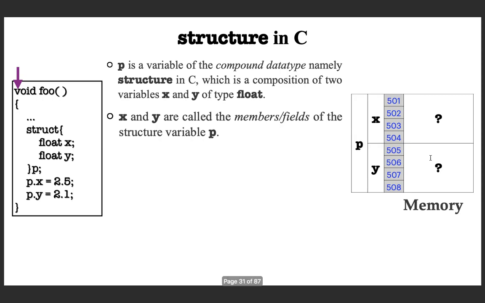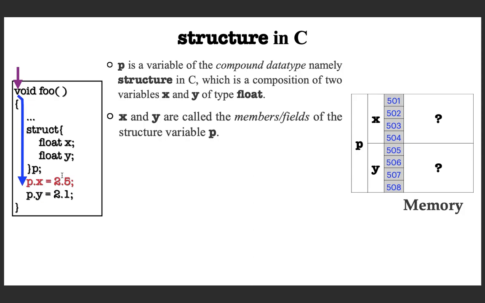If you look at this data structure carefully, p is the variable for the whole data structure or data object, which is composed of 2 elements, x and y. This is how you can represent it. Now, if you look at the execution inside this function, this is a declaration, so it comes to the first executable statement.